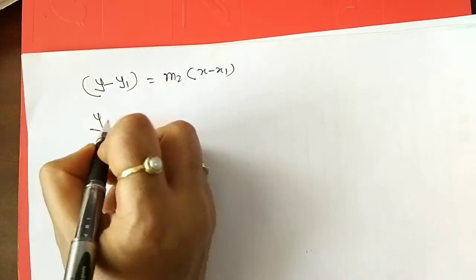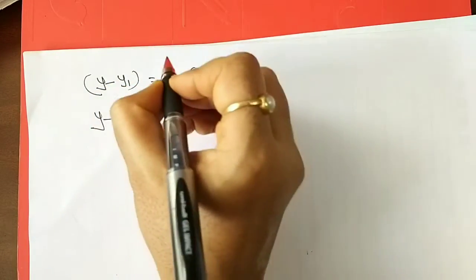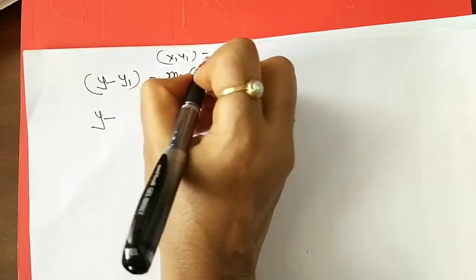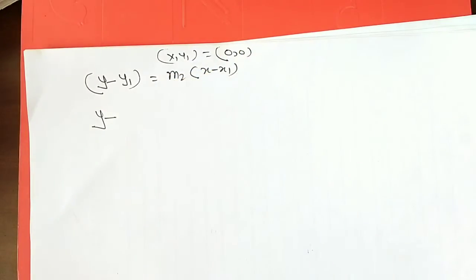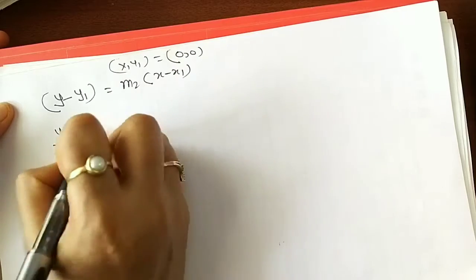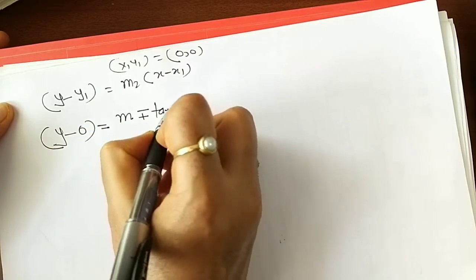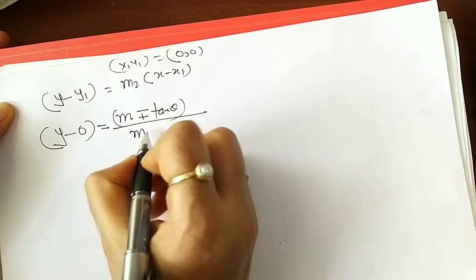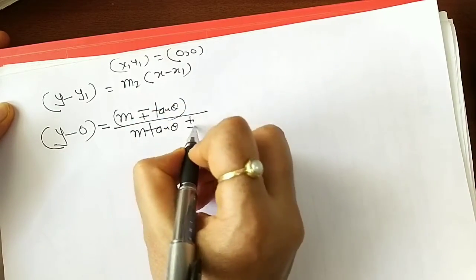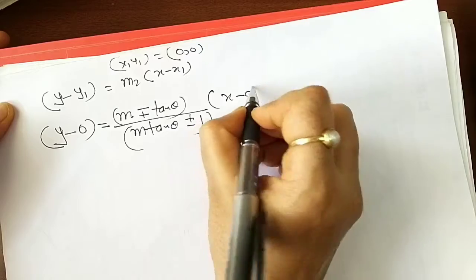Okay, so let me put the values. See, x1 and y1 is what? 0 comma 0. So x1, y1 are 0. So m2 is (m minus plus tan theta) by (m tan theta plus minus 1) into (x minus x1).